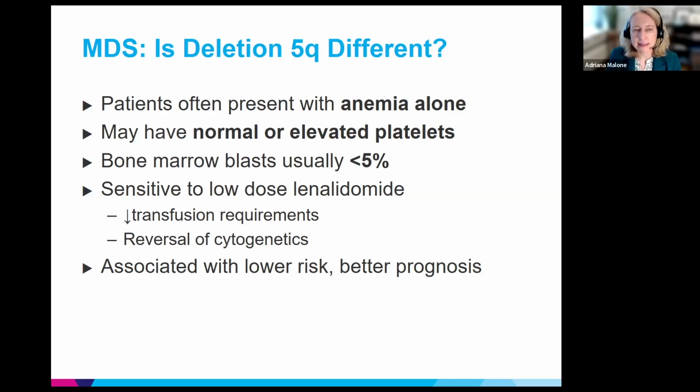This disease has a unique sensitivity to low-dose lenalidomide, our immunomodulatory drug that we previously discussed in multiple myeloma, and has been shown to cause patients to have a lower transfusion requirement, and also patients may have a reversal of their cytogenetic abnormalities.